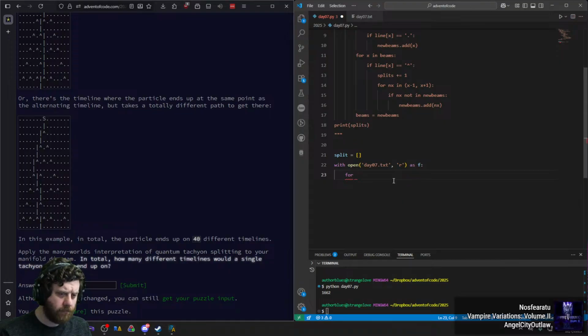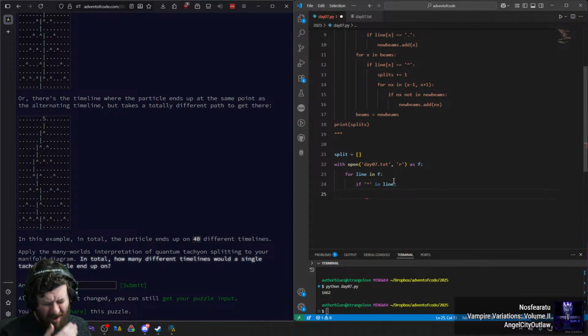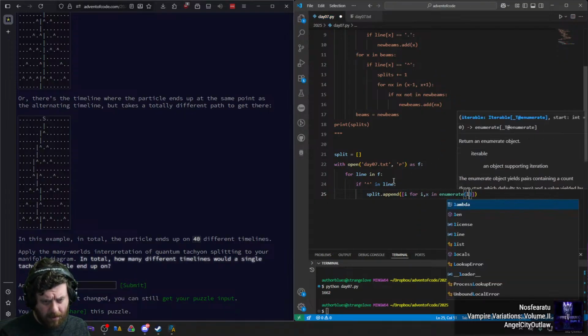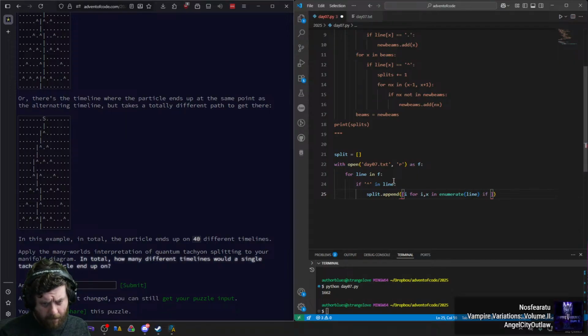Okay, so for line in F, if caret is in the line, then I want to split.append x for x in I for ix in enumerate line if x is caret.